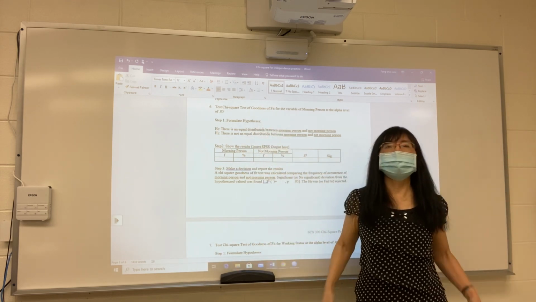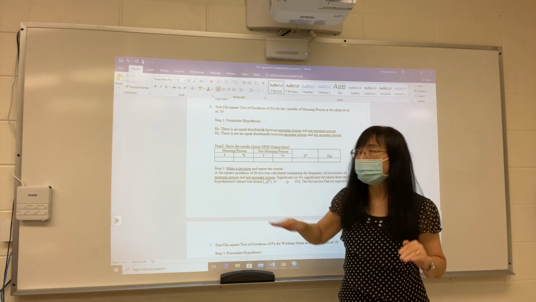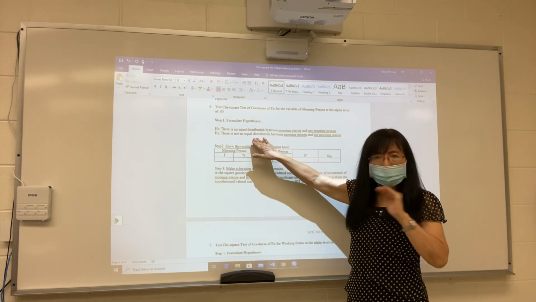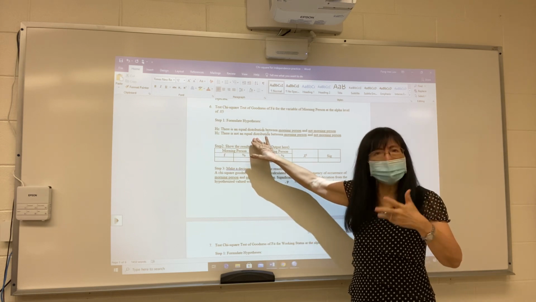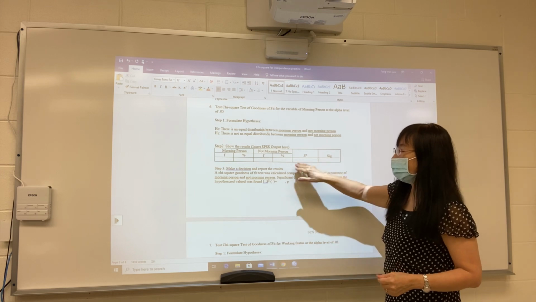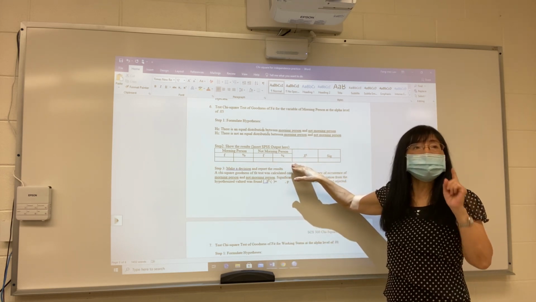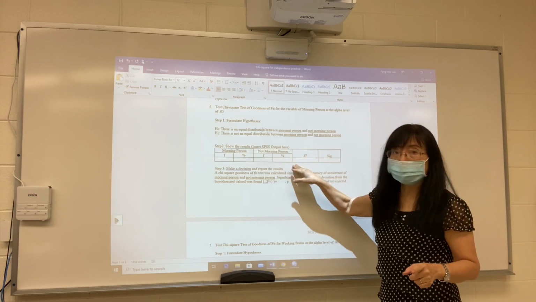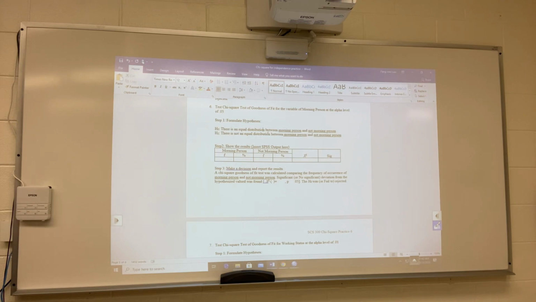Assume 50% of people agree with masks, 50% disagree. Then the research hypothesis says no, there should be a different percentage of people who agree about masks. So that's your research hypothesis. First of all, let's run frequency to get this number first. You still remember how to go to frequency, right?